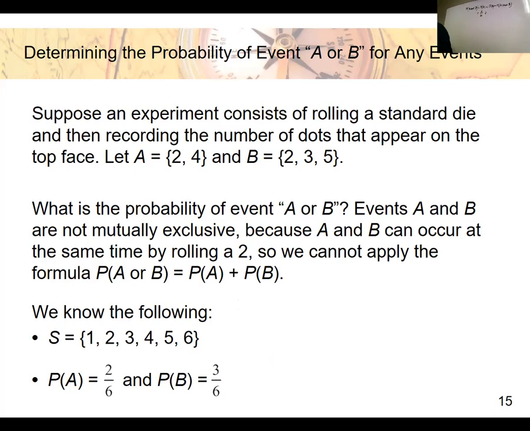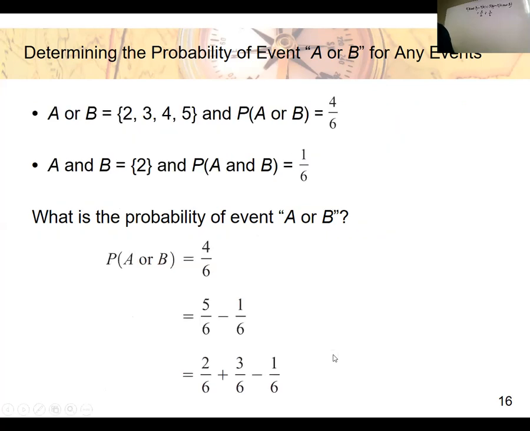And the probability of event B was 3 over 6. Now, what was common in both? Yeah, the 2. And that probability was 1 out of 6.